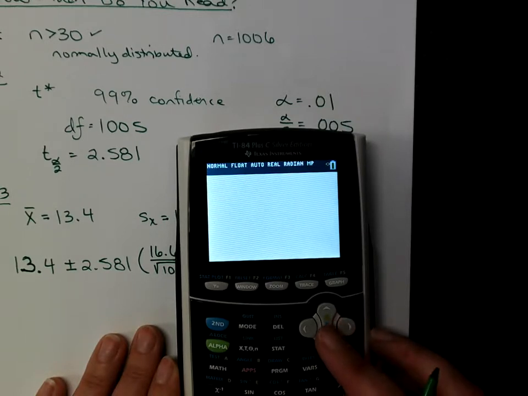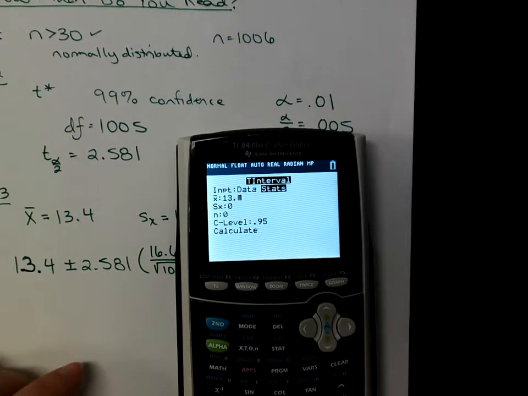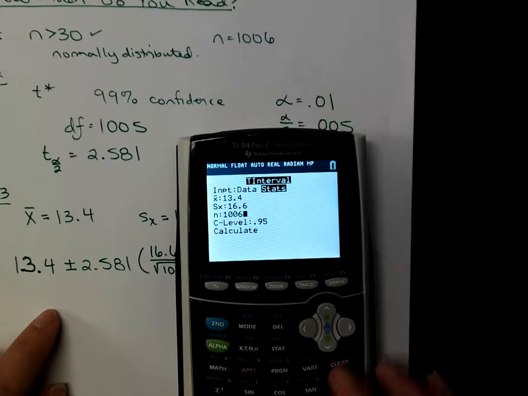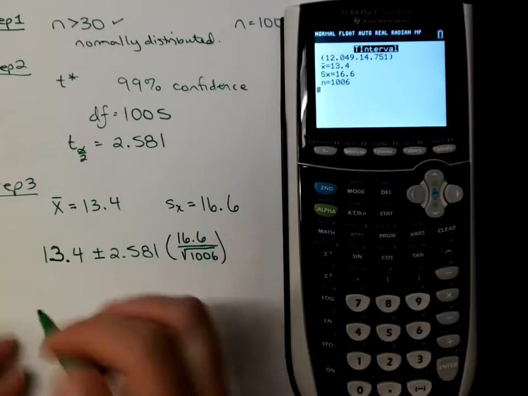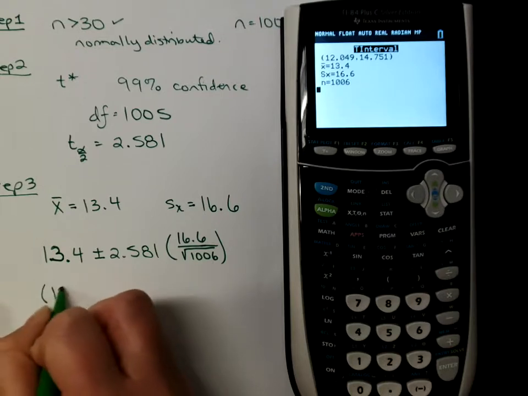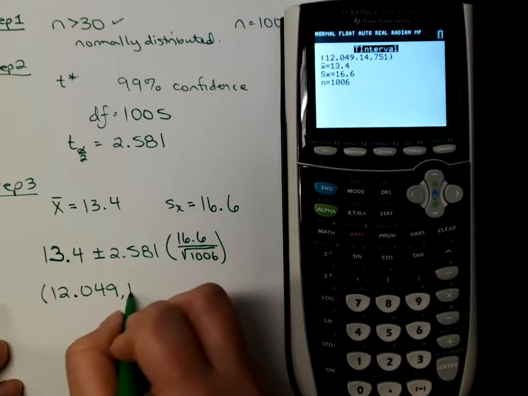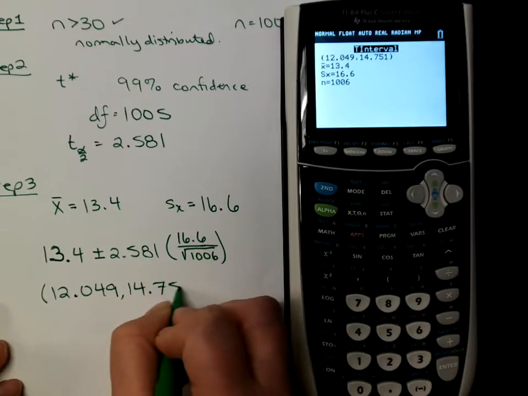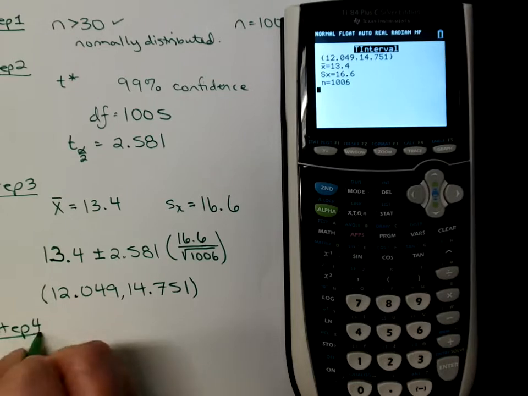This time we have the stats, not the data. X bar was 13.4, S of X 16.6, sample size 1,006, confidence level 99. There we go. And that gives us our interval of 12.049 to 14.751.